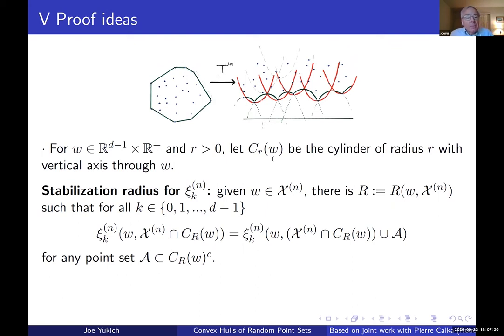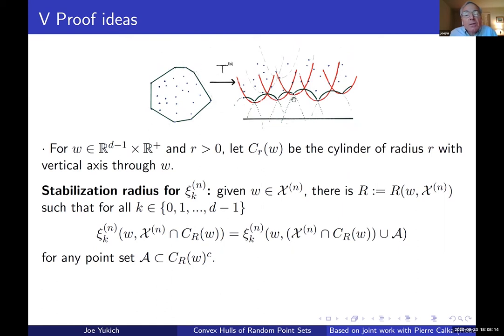And here's the key idea, maybe one of the key ideas of this second lecture: for every score psi_k, given a point w in this right-hand picture, there is a random variable R that depends upon w and all the data, X_n, in this right-hand picture, such that the score at this point is completely determined by the data in this radius R cylinder around the point, meaning that if you add points outside this cylinder, it does not change the value of the score.